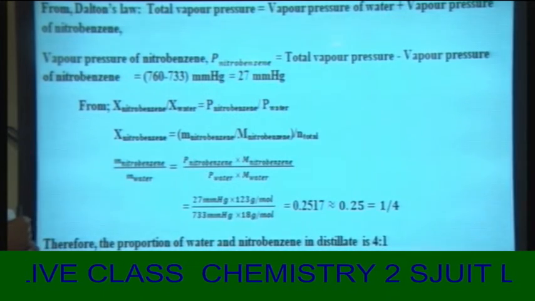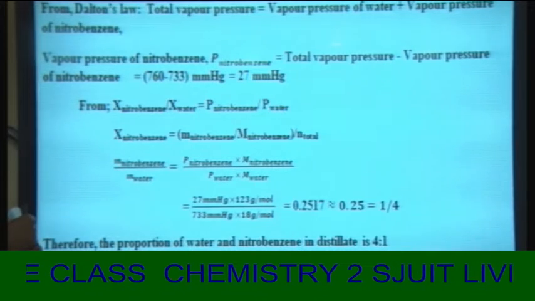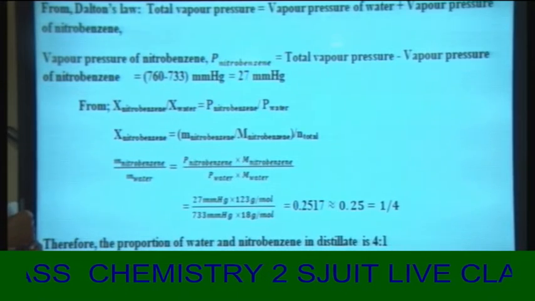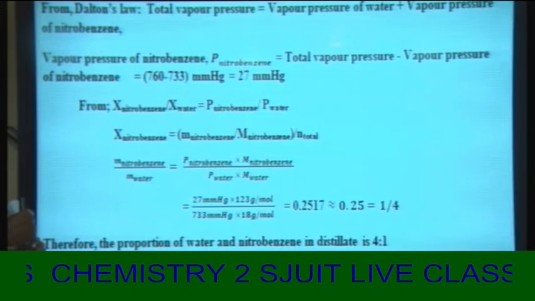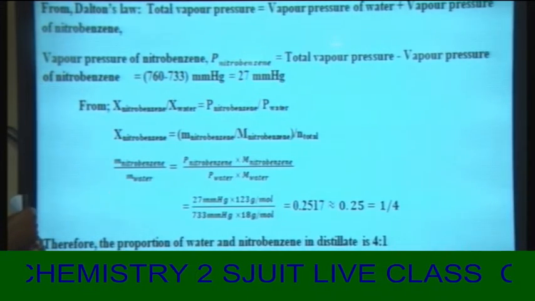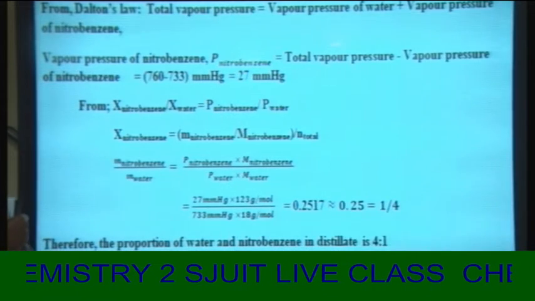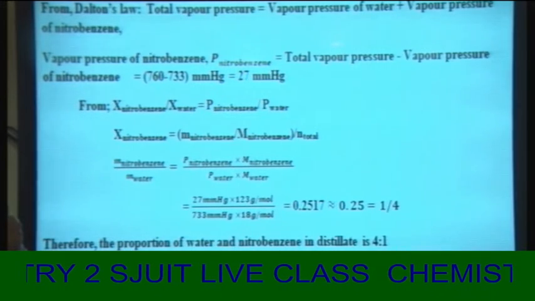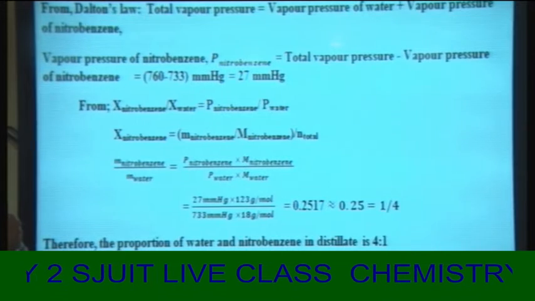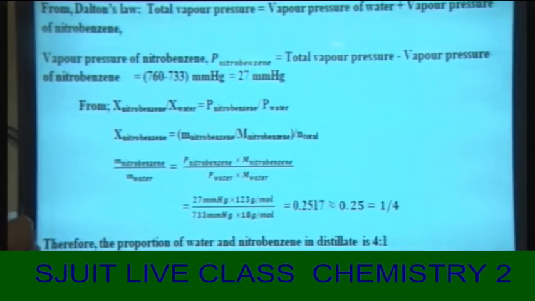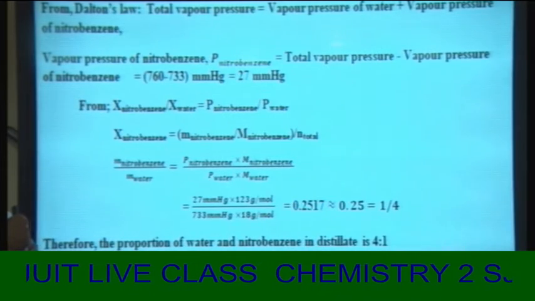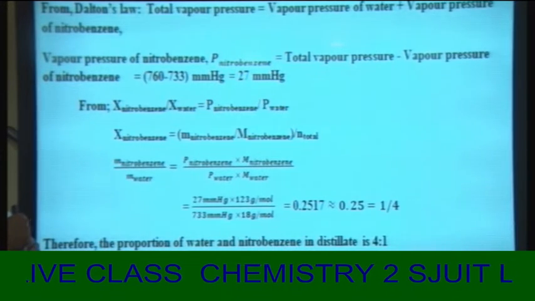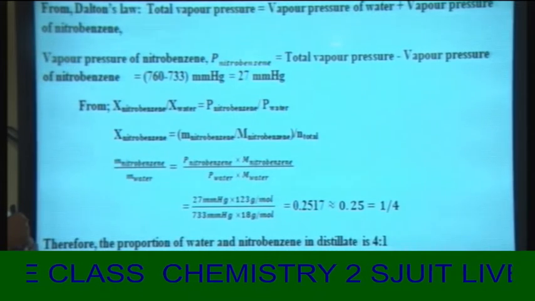From Dalton's law, we find that the total vapor pressure above the solution is equal to the vapor pressure of the first component, that was water, summed with the vapor pressure of the other component, which is nitrobenzene.